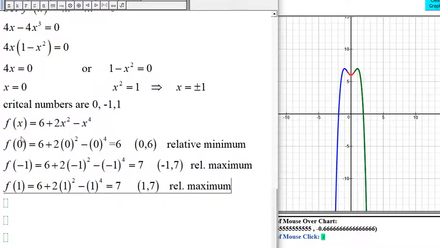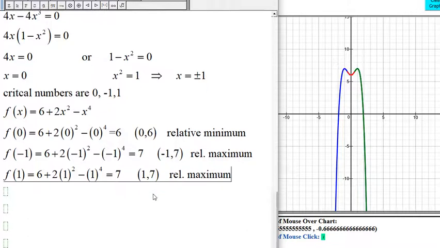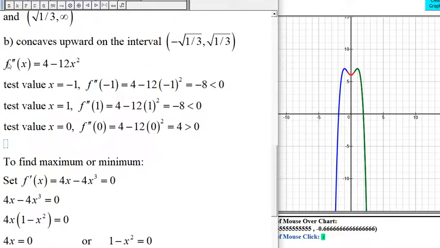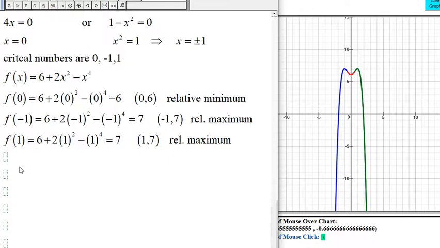And so summary, the function has a relative minimum at 0, 6, and relative maximum at -1, 7 and 1, 7. And now if we take the second derivative and evaluate it at the critical values, and then we'll also see this.